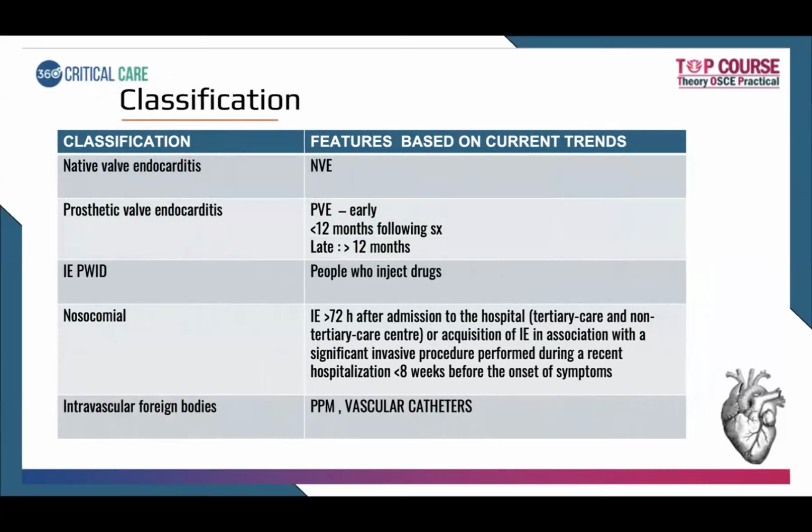Early prosthetic valve infections are less than 12 months following surgery, late ones are more than 12 months following surgery, or it could be in patients who inject drugs, or nosocomial infective endocarditis like VAP, like a CLABSI, any patient who has been hospitalized more than 72 hours in the tertiary center with the baseline risk factors which we discussed before, or acquisition of infective endocarditis in association with a significant invasive procedure performed during a recent hospitalization less than 8 weeks before the onset of the symptoms.